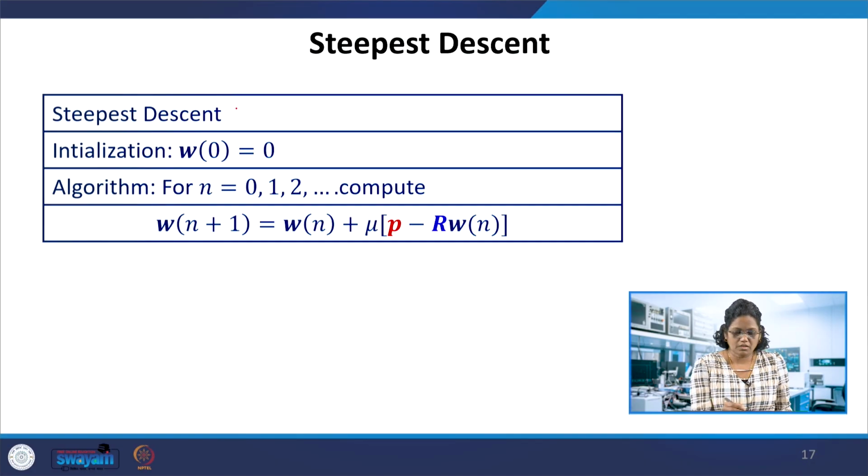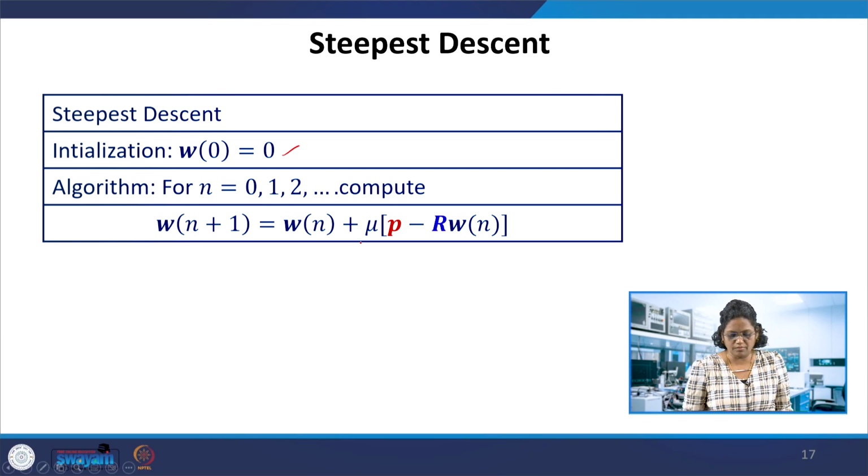In the steepest descent algorithm, we initialize the weight vector to 0, W of 0 is 0, and n varies from 0 onwards. How do we do this algorithm as an update? W of n plus 1 equal to W of n plus mu into p minus RW of n, where R is the autocorrelation matrix and p is the cross correlation matrix. If we know p and R, the weight vector can be updated.